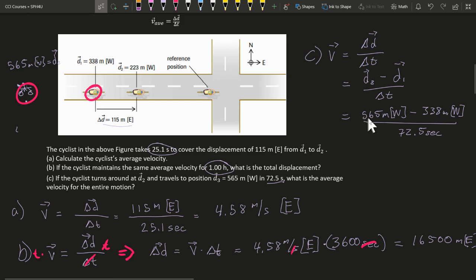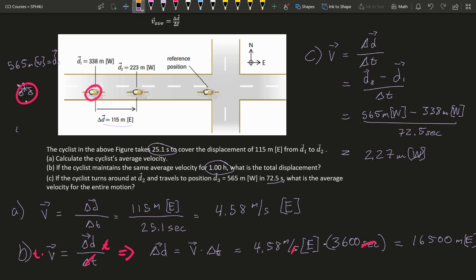We can just take 565 and subtract 338, and they keep the direction that they have, okay? And so I end up with 227 meters west.